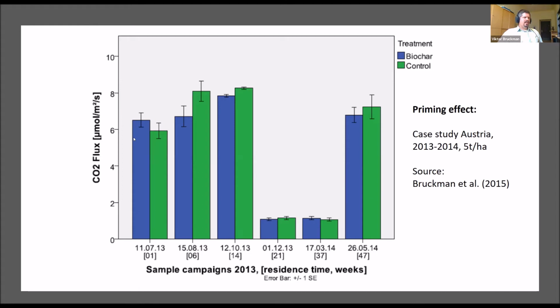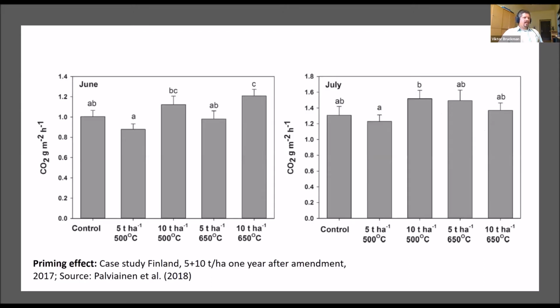There's not really a significant difference, and it's also fluctuating, but we didn't see a priming effect. So the addition of pyrogenic carbon did not interfere with the carbon that is already in the organic horizon. The same thing was found in Finland, where we have two plots with 5 and 10 tons per hectare. The previous study in Austria was only 5 tons per hectare.